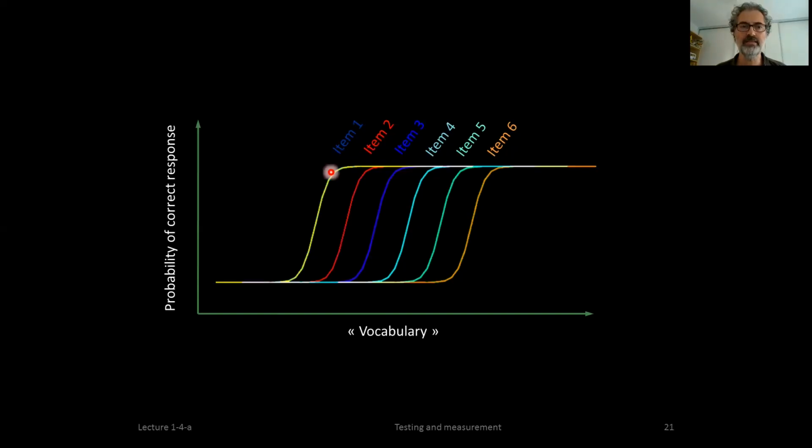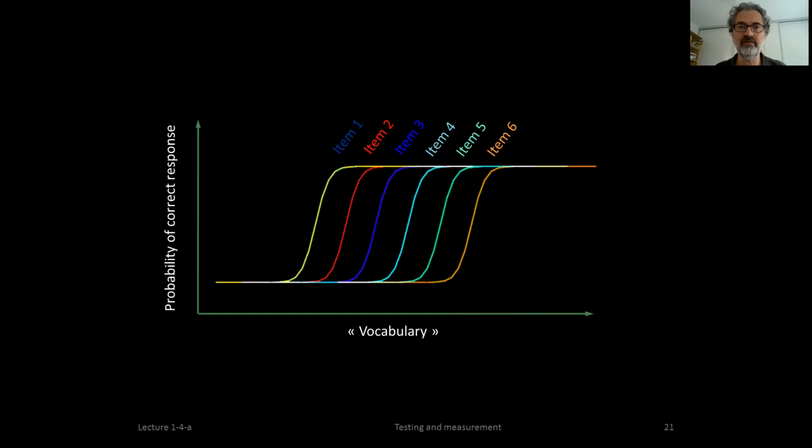So the yellow item here is answered correctly by everyone from here upwards on the vocabulary scale, except those with very poor vocabulary. So this is an easy word that is known by almost everyone except those with very poor vocabulary. The item depicted in orange, in contrast, is answered incorrectly by everyone except those with very high vocabulary.